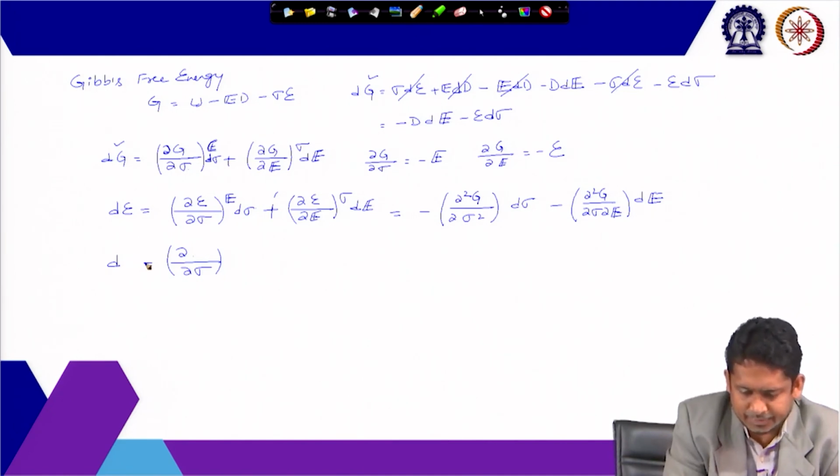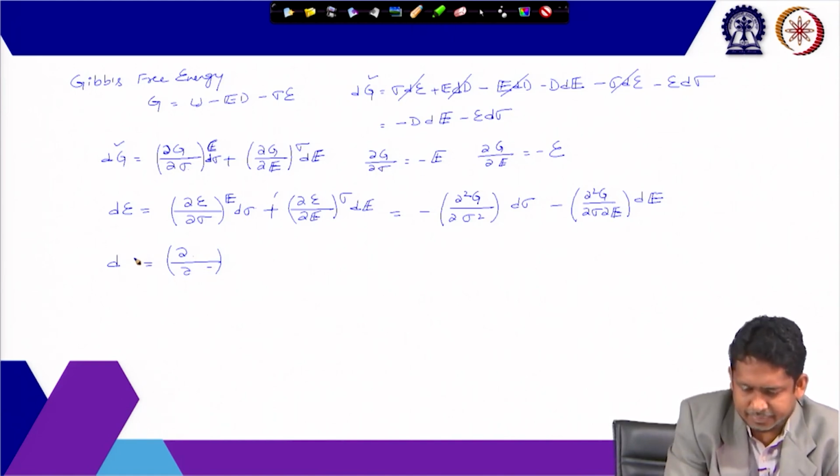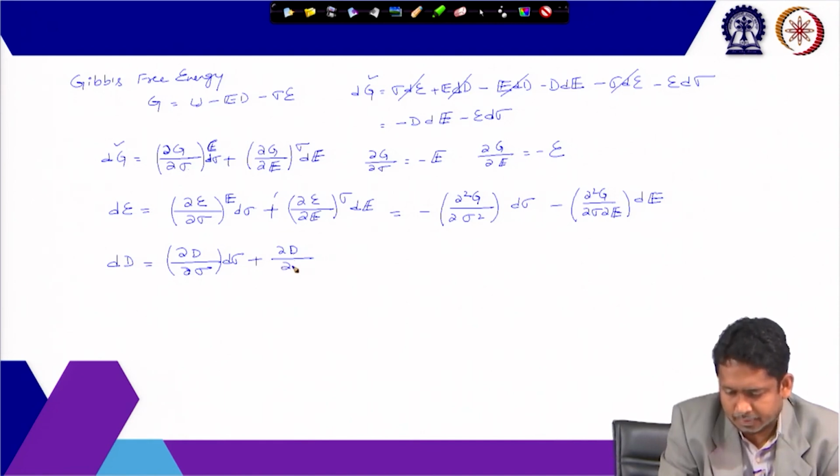So, we can write the electrical displacement D as the partial derivative of that quantity with respect to sigma multiplied by d sigma, plus the partial derivative of D with respect to electric field multiplied by d of electric field.